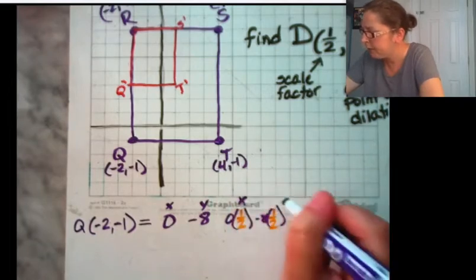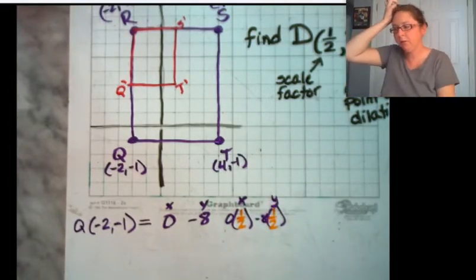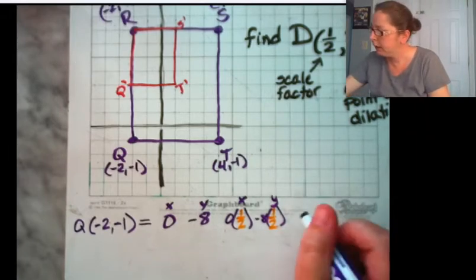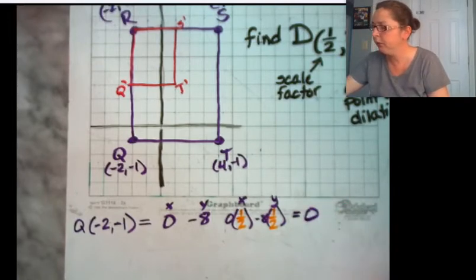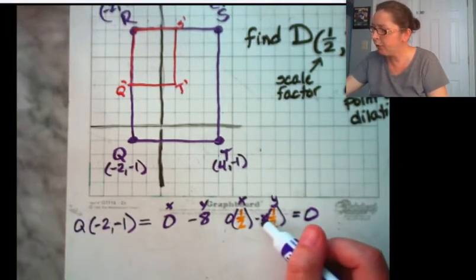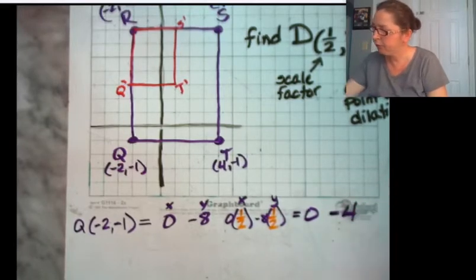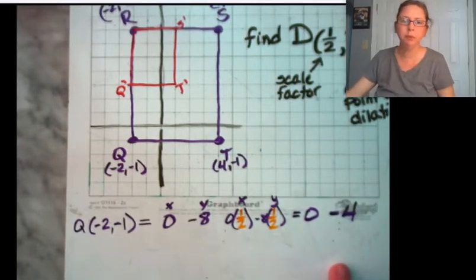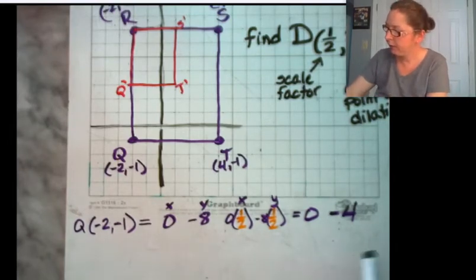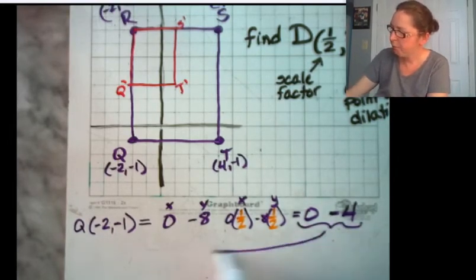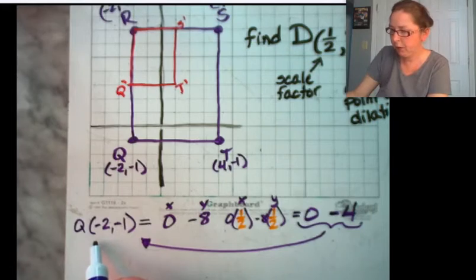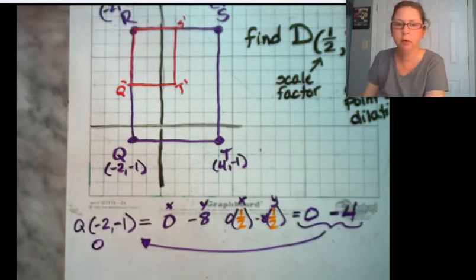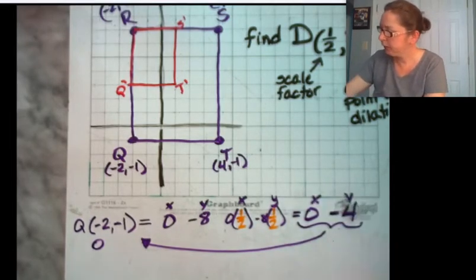And again, that's the adjustment for the X value and the adjustment for the Y value. 0 times 1/2 is 0 still, and then for the Y value, half of -8 is -4. So here's what we're going to do with that information. I am going to take this back to the original point, and I'm going to say my horizontal change, the X's, is 0. The Y is -4.